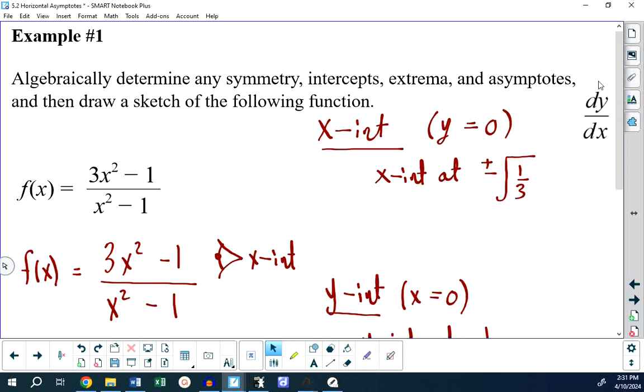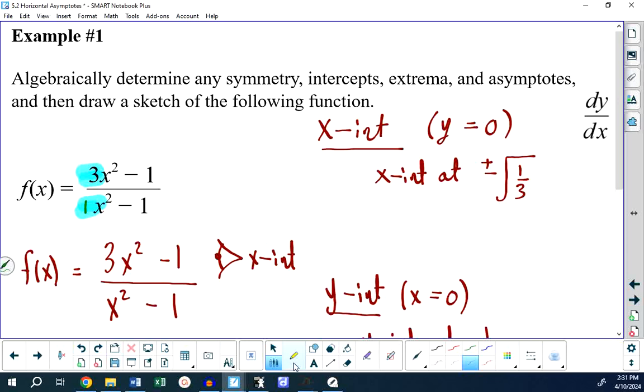But the rule is if you have a polynomial on the top and a polynomial on the bottom, if the highest degree on the top is the same as the highest degree on the bottom, then you will have a horizontal asymptote at the ratio of the coefficients of those highest degree terms. Do you remember that now? So you will have at y equals 3 a horizontal asymptote.